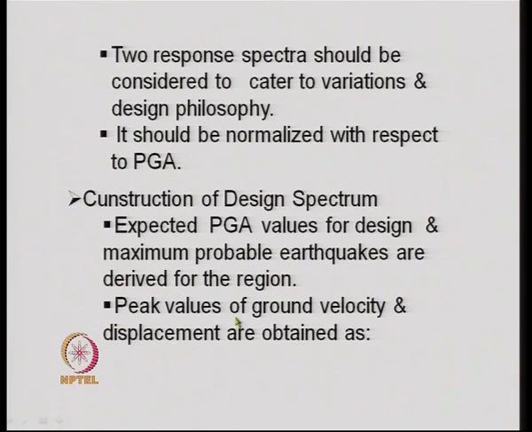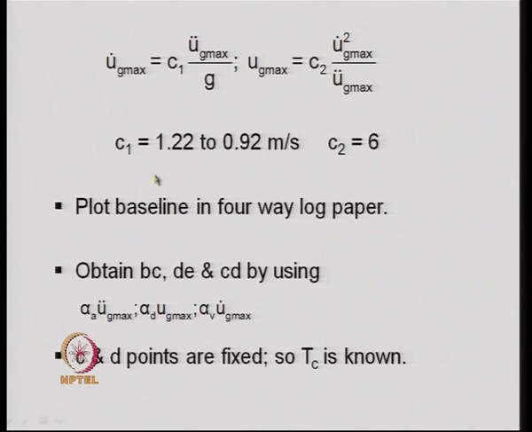Then peak values of ground velocity and displacement are obtained using empirical relationships, that is, if any one of the quantities is given, say the maximum ground acceleration, then with the help of that one can find out the peak ground displacement and peak ground velocity using these constants C, C1 and C2.